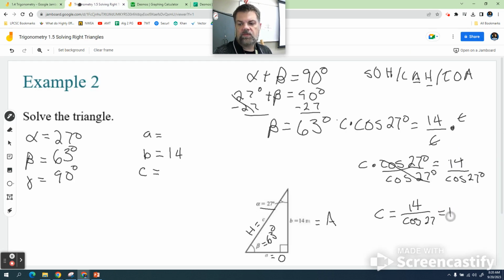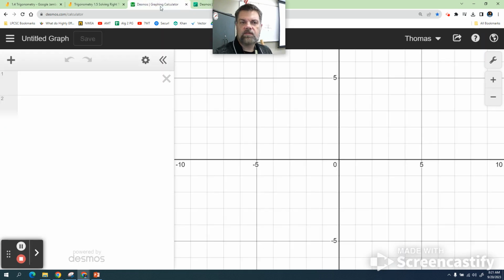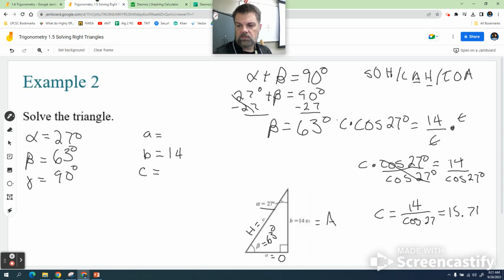All right. So we've discovered, and I'm going to just write it out, it's equal to 15.7125. It goes on forever, dot, dot, dot. But now what I've got to figure out is what do I round this to? Well, if I look at alpha, alpha had 2 significant digits. The other term that they gave us was B. That also had 2 significant digits.